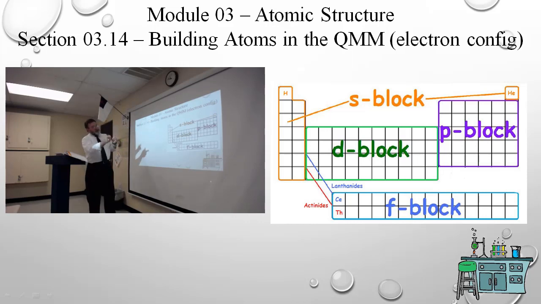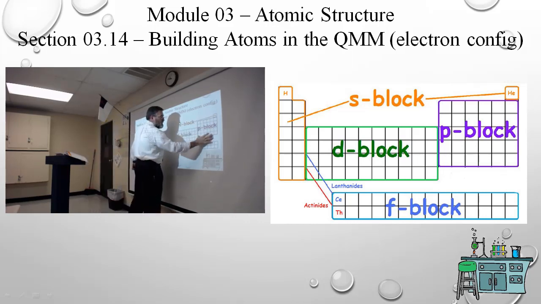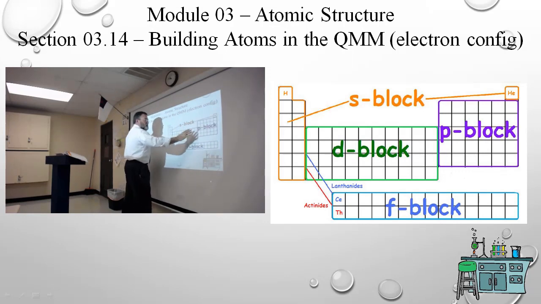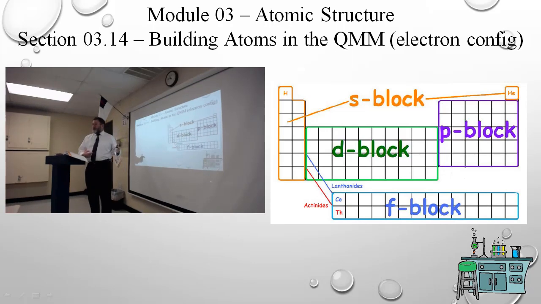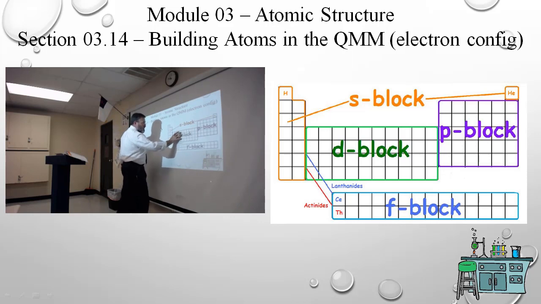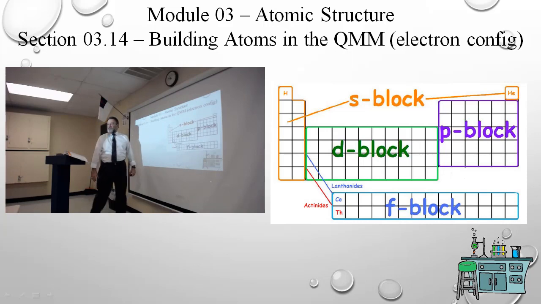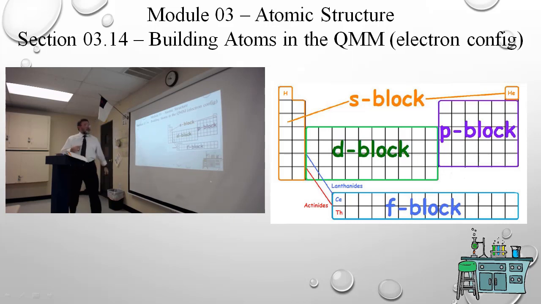If the element resides over here, with the exception of helium, which should be over here, the highest level electrons are going into the p block, the p orbitals. If it lays out in here, we're filling the d's. And if it's down in this section here, we're filling the f's. Its last electrons are going into those particular blocks. Okay? So the s, p, d, and f blocks.